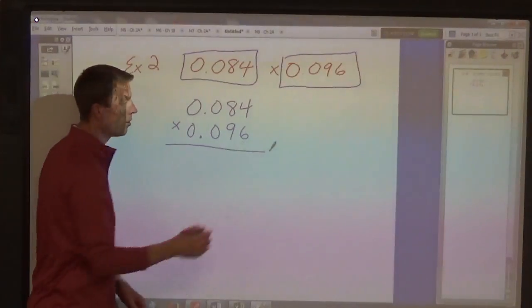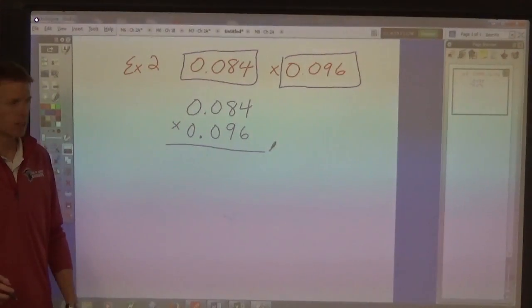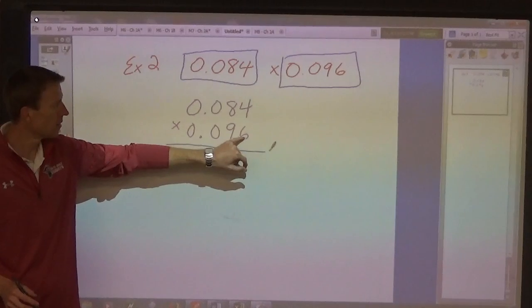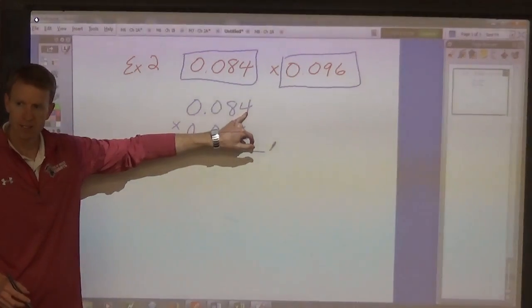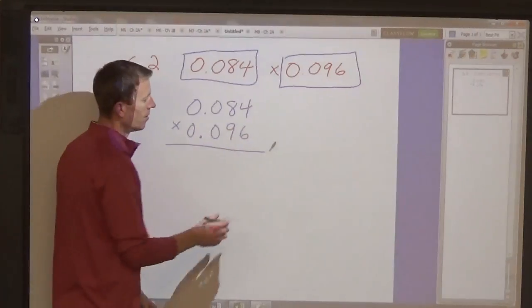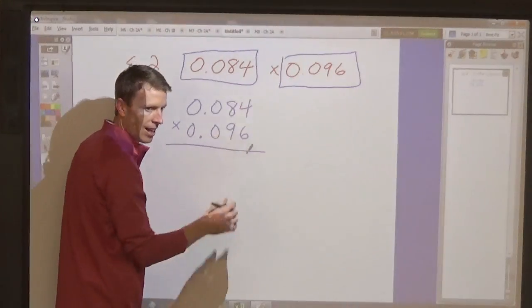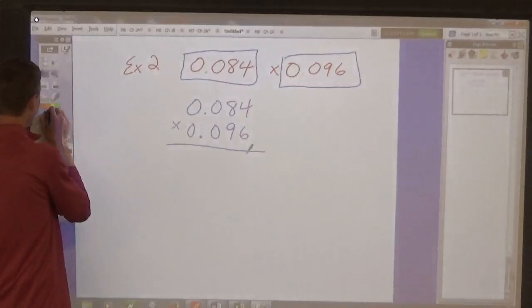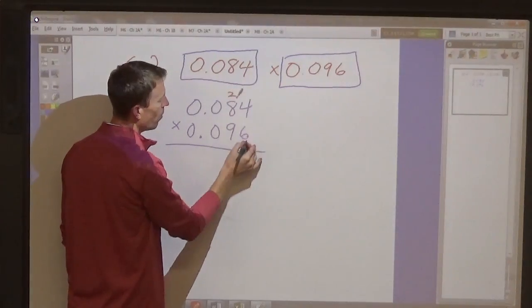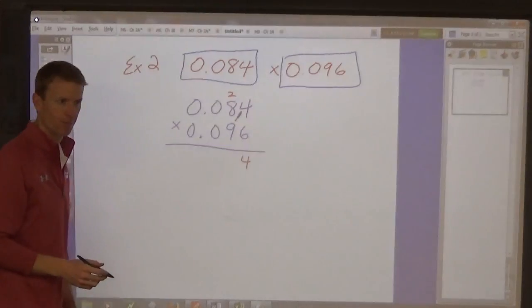Then multiply them out, ignoring the decimal points. So, 6 times 4. What's 6 times 4, class? 24. Thank you. Wake up here. 6 times 4 is 24. 6 times 8.